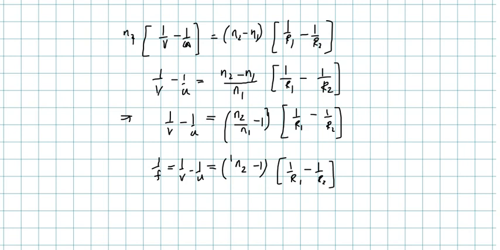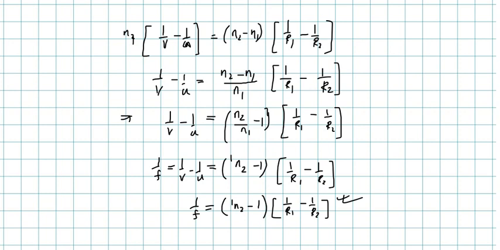So this is the lens maker's equation. Most of the time we are going to write this expression: 1 by f is equal to n2 by n1 minus 1 into 1 by r1 minus 1 by r2. So this is the lens maker's equation.